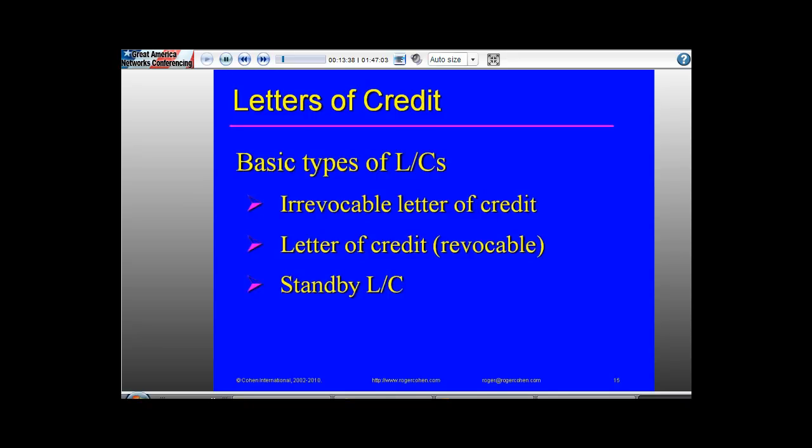There's really no difference between the standby letter of credit and the first one, the irrevocable letter of credit, other than an agreement between the buyer and the seller that the standby letter of credit will not be used until a certain circumstance happens, when the buyer doesn't pay the seller on time.